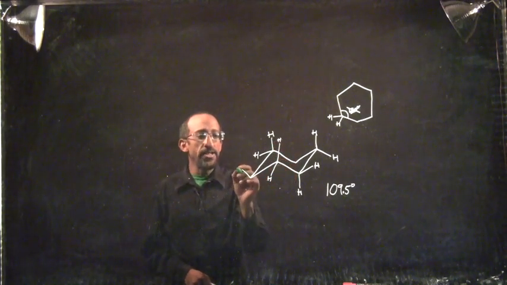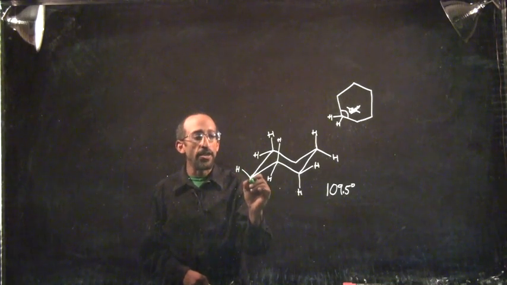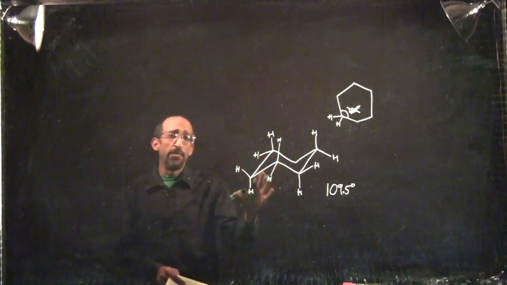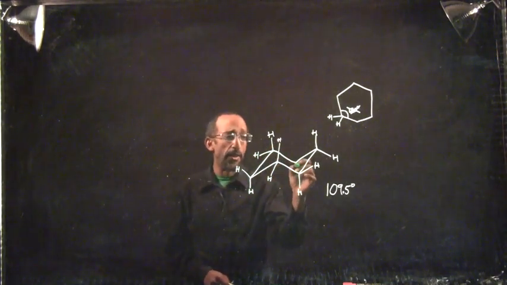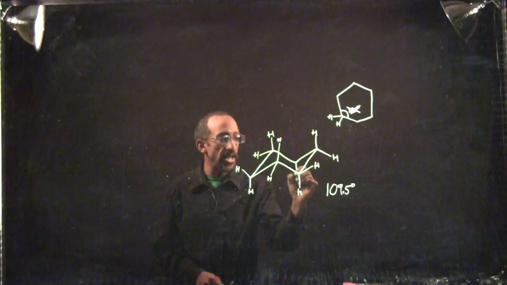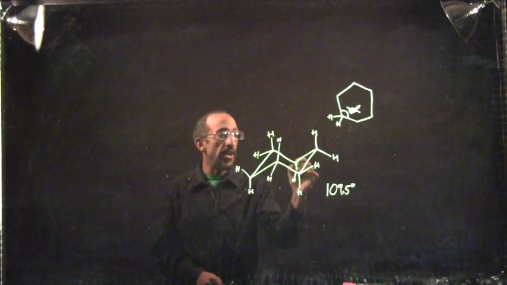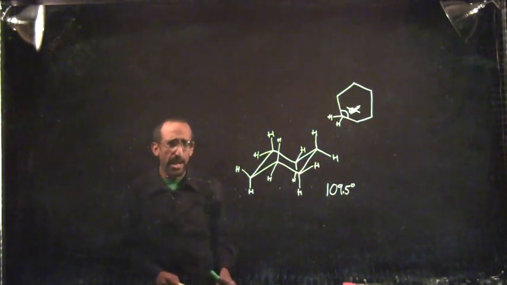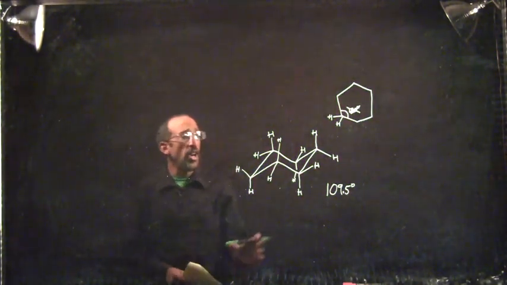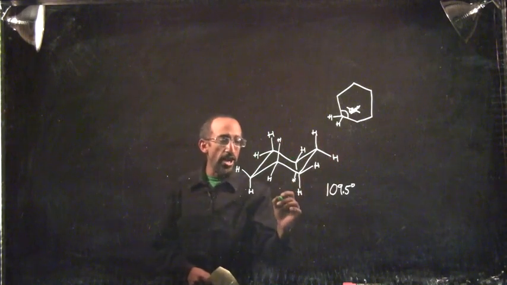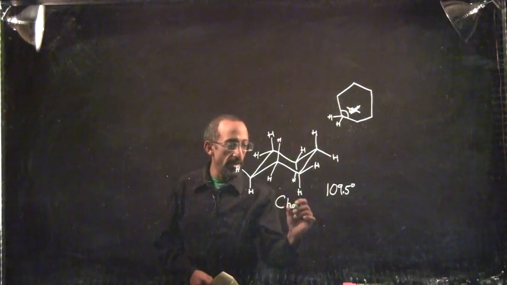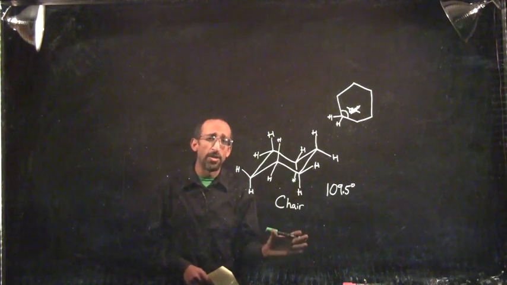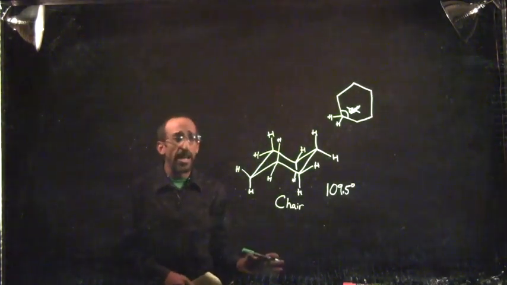At this point, you really want to start using models to get a sense for how all of these atoms and bonds and bond angles work together. Chair cyclohexane conformers are going to be a very large part of what we're going to consider in the coming weeks. So it can adopt what's known as this chair conformation, where we have very little to no torsional strain, very little to no angle strain.